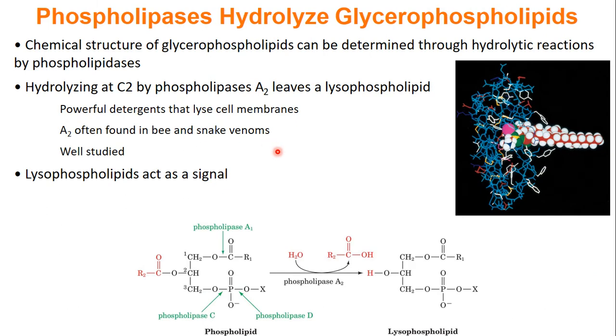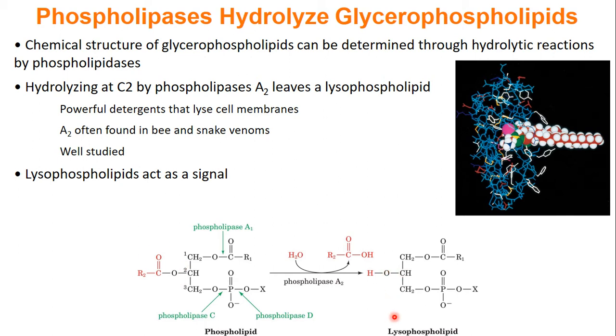Now, the way we know what these glycerophospholipids look like is through hydrolytic reactions by enzymes called phospholipases. A phospholipase is simply an enzyme that cuts off part of a glycerophospholipid. One well studied is phospholipase A2, which cuts off the second fatty acid.